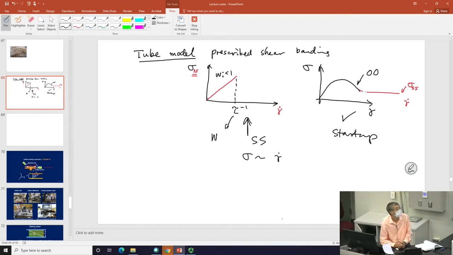Why creep? We're not talking creep, creep is a concept for constant stress. Well, it doesn't matter creep or not. We're talking about steady state. We're talking about the stress being linear in shear rate. What behavior is that?